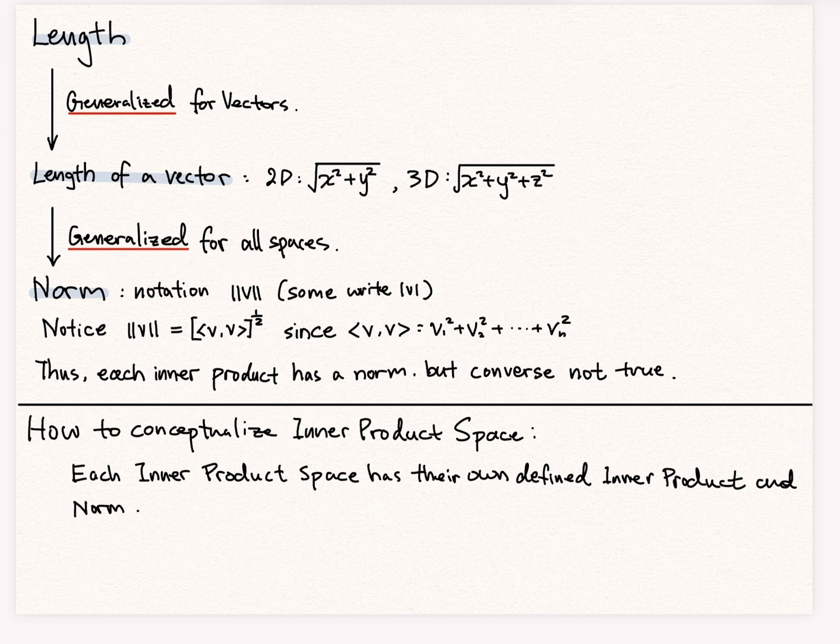So how do we conceptualize this concept of inner product space, as each inner product space has its own definition of inner product and norm? How I think of it is that there are spaces that are not exactly in a grid, like in Euclidean.